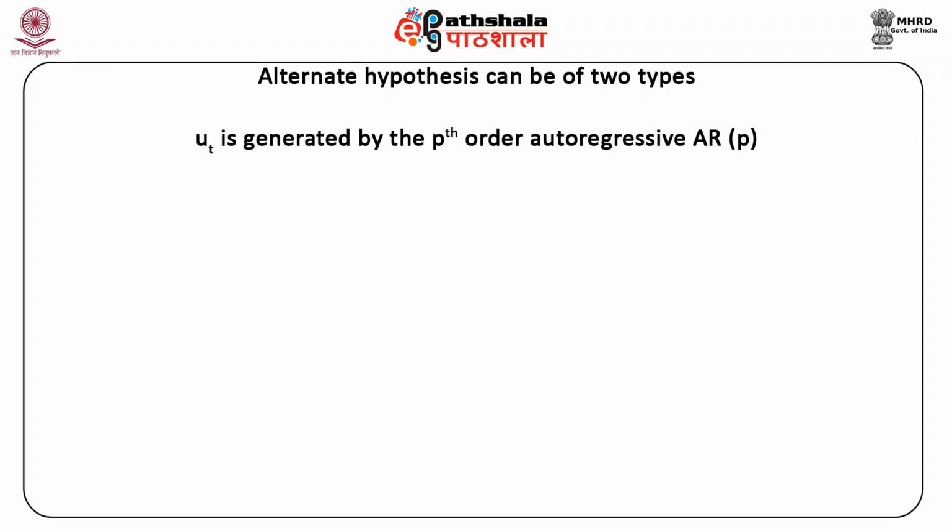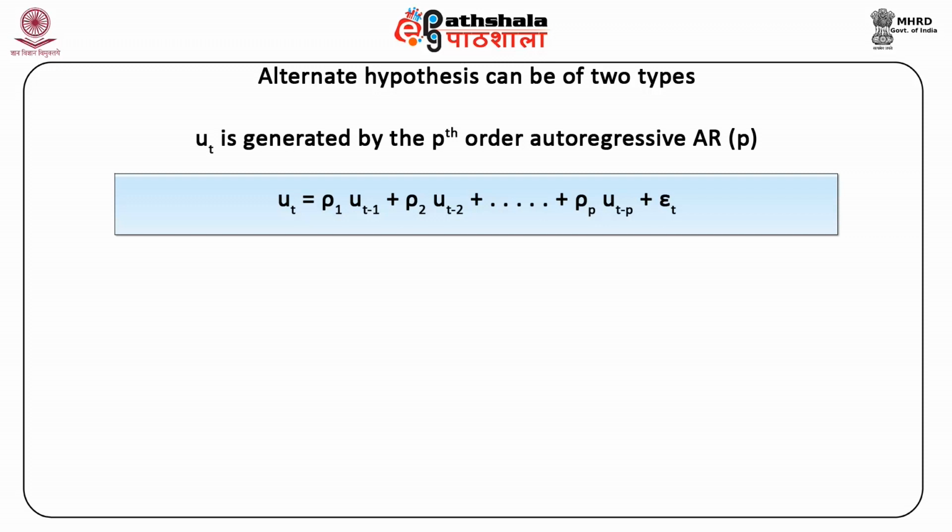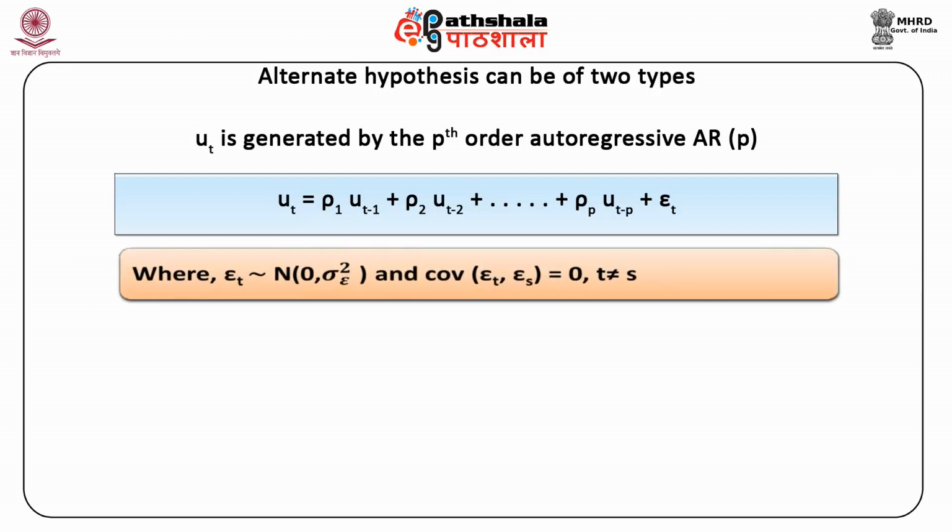We can write UT equal to rho 1 UT minus 1 plus rho 2 UT minus 2, and so on up to rho p UT minus p plus epsilon t, where epsilon t again is assumed to be distributed normally with mean 0 and variance sigma epsilon square, and covariance between epsilon t and epsilon s is equal to 0 for t not equal to s.